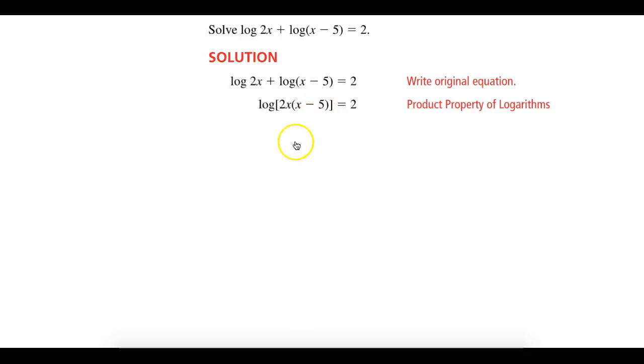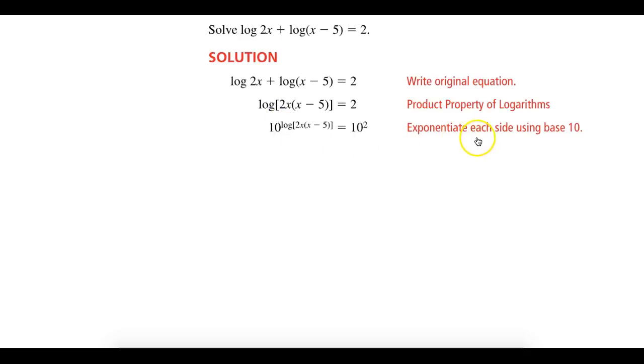What we can do, though, is exponentiate both sides to cancel out our log function. Now again, remember, there's no base written right here, but that's because it's our common log. So we've got log base 10. So we need to take both sides up to the power of, to the base of 10, so that we can cancel this out.